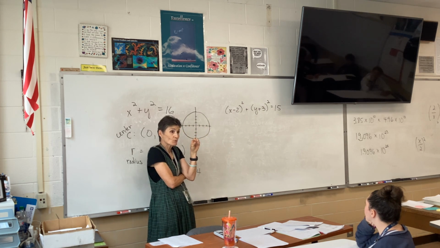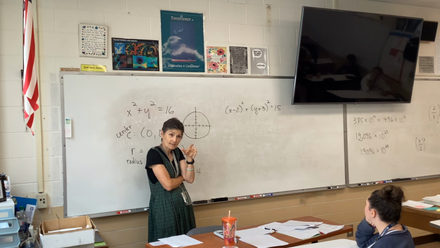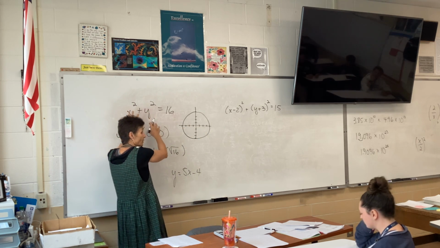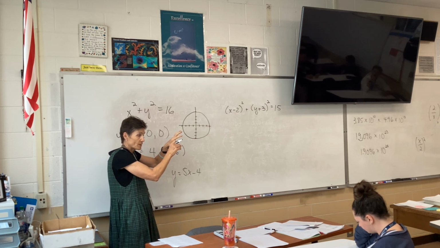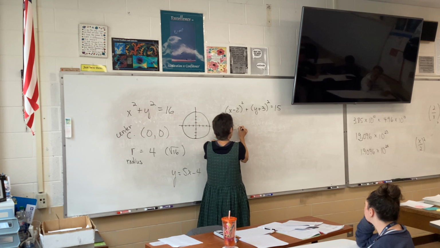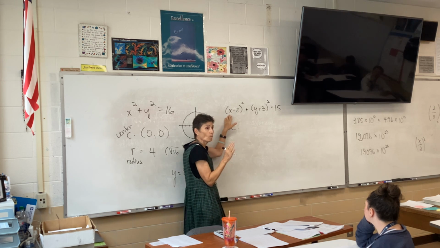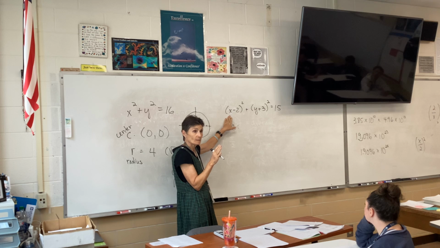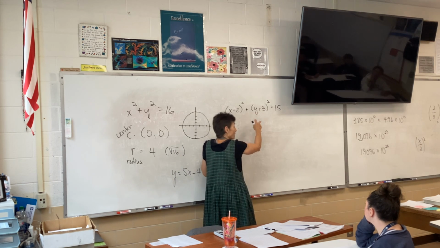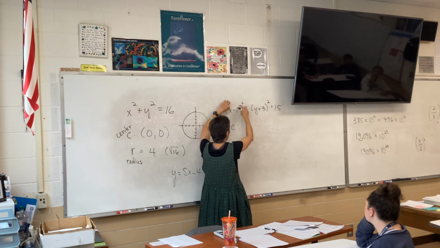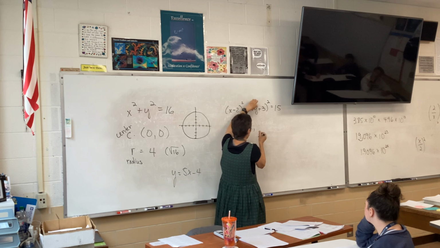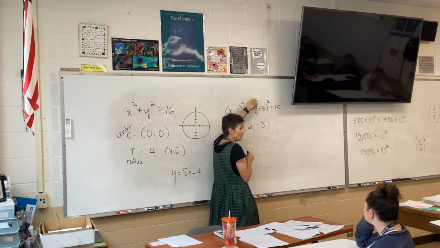Notice that there are numbers added to the x and y this time. See, different than here. If there's nothing added to it, it's 0. As soon as you start messing around, now your center is going to be somewhere else. And it's going to be at the opposite of what you see. So the x is going to be positive 2, and the y is going to be negative 3.